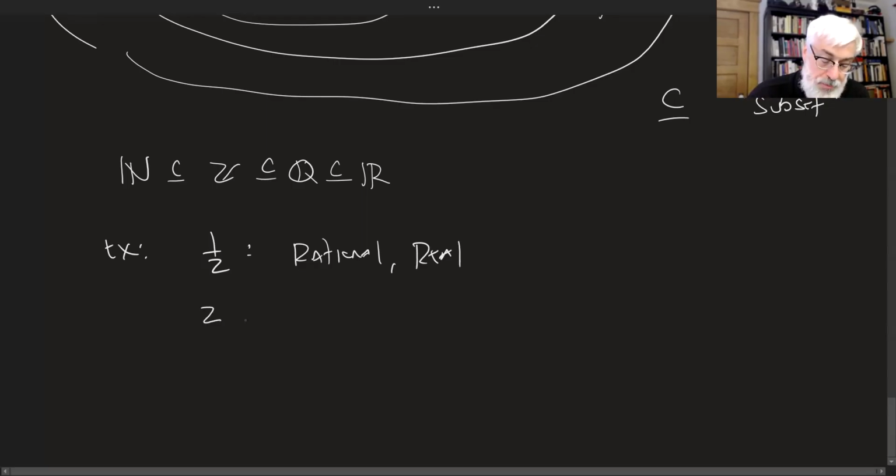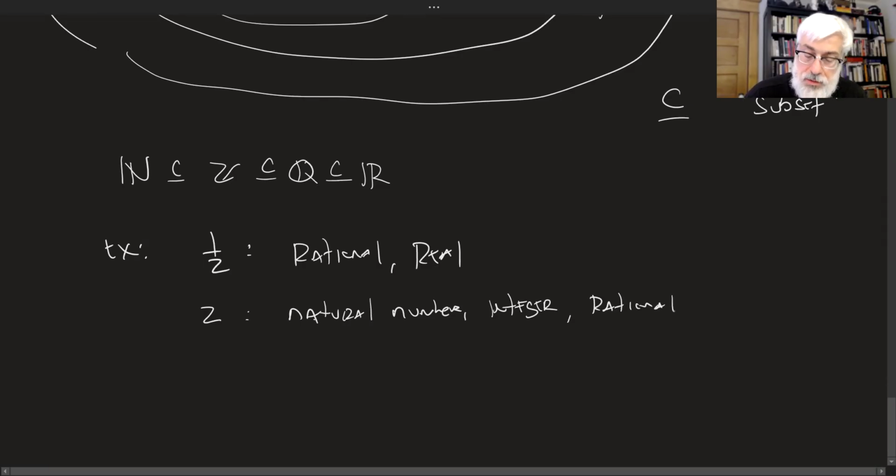How about 2? How can we define 2? Well, we know that 2 is a natural number just by our set above. And we know that any natural number is also an integer. So 2 is a natural number and it's an integer. Now it's a rational number. Now, how is it a rational number?